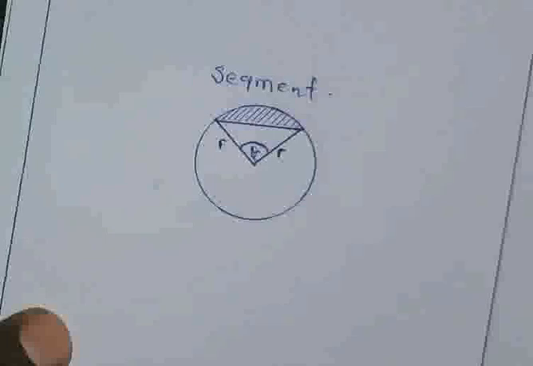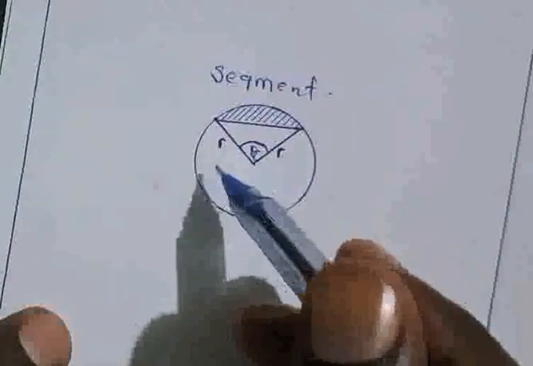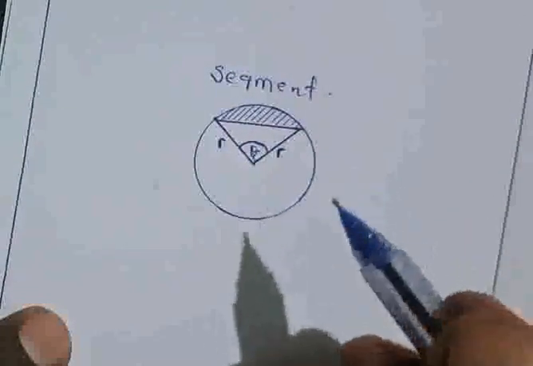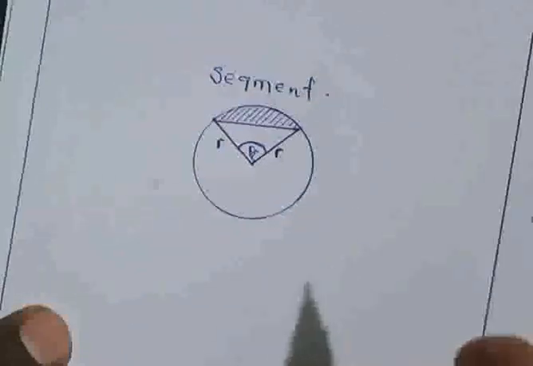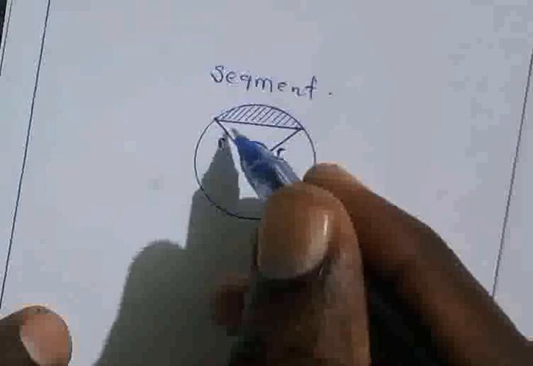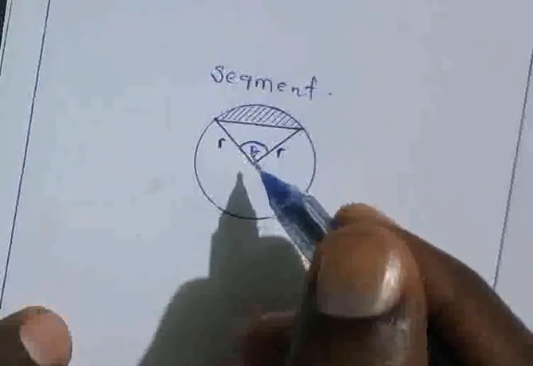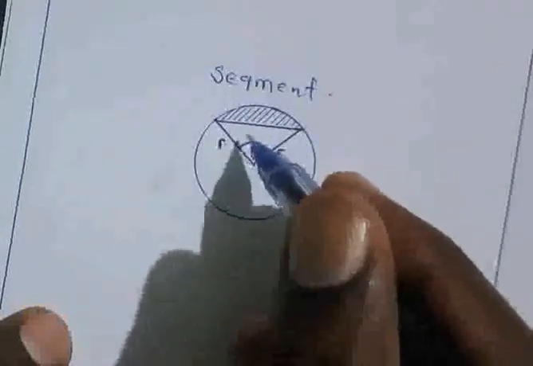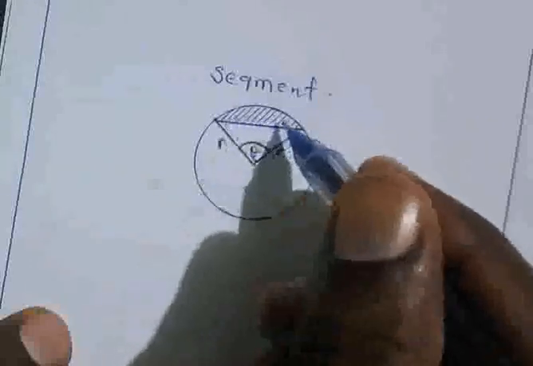Since we're dealing with r, you just say r squared. So half r squared sine theta is the area of this triangle here. But we're not looking for this area, we're looking for this part here.